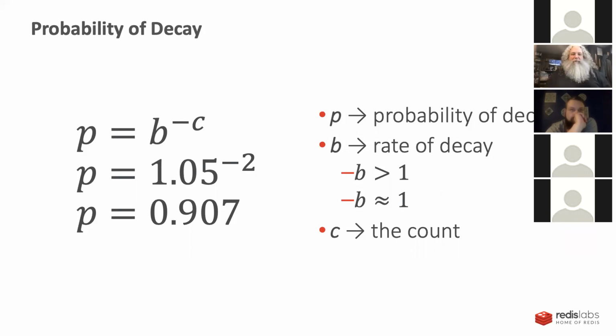Here in the example, we've got 1.05 to the power of negative 1. Sorry, I got this backwards. 1.05 to the power of negative 2 in our case, where the count is how many items are in here.